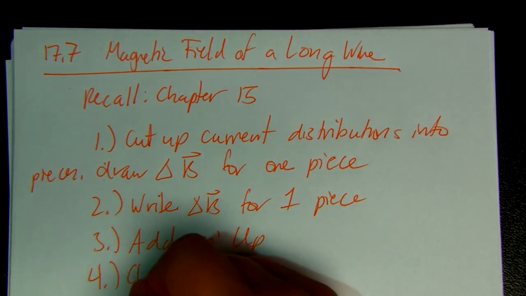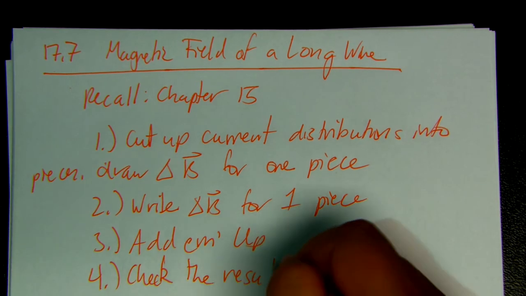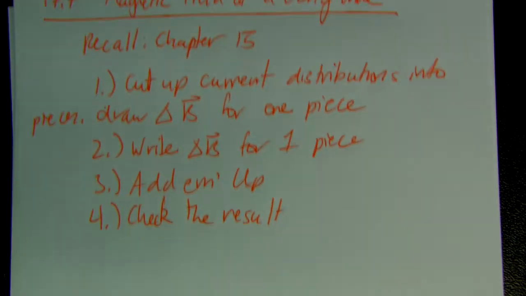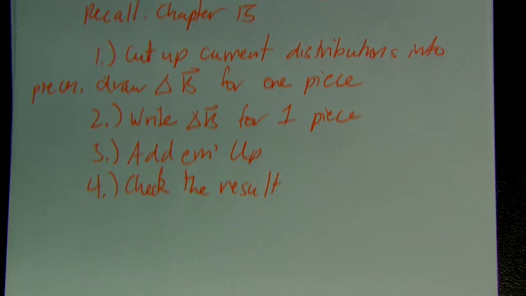And step 4, check the result. So this is why we're spending the time to learn this process. It's really not just a useful process for deriving electric fields. This is how a lot of analytical expressions are derived, and if any of you go into a research track in your fields, you may use this type of approach to break something down into smaller, more manageable pieces.